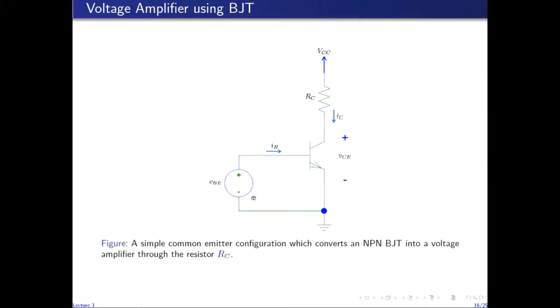On the input, we have the input signal VBE, which produces an output current IC, which passes through the resistance RC, and the whole circuit is powered by the DC source VCC. And in this circuit, we label the output voltage as VCE. So VCE is the output voltage.